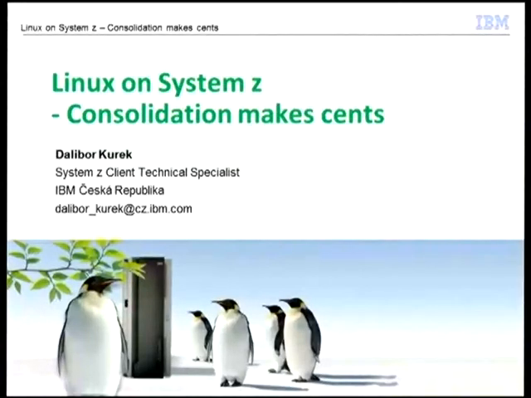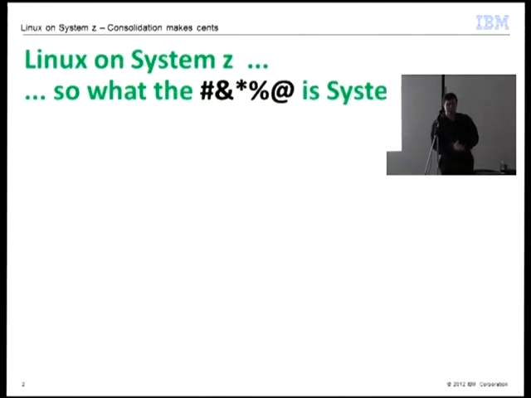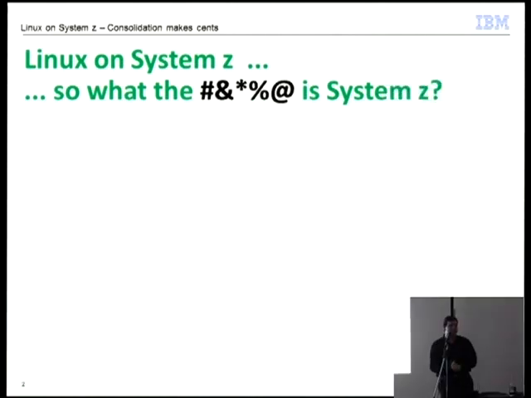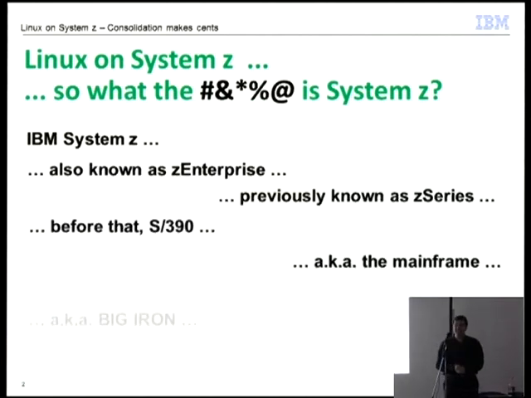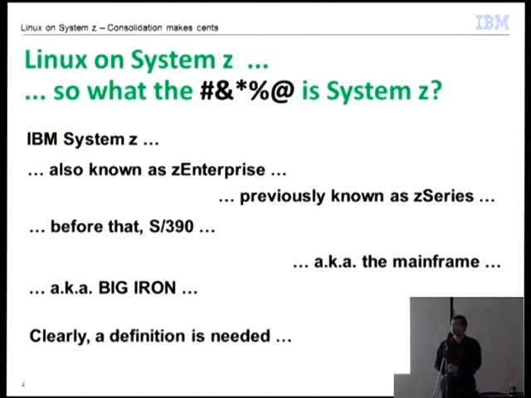Okay, so the title of the presentation is Linux on System Z. Consolidation makes sense. And that begs the obvious question, because we all know what Linux is, but what the hell is System Z? So IBM System Z, also known as the Enterprise, at least the last two generations are.